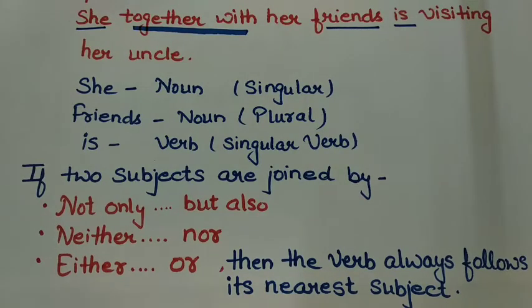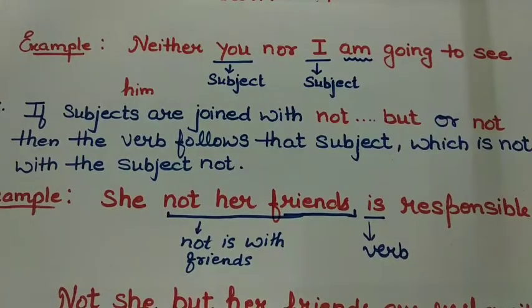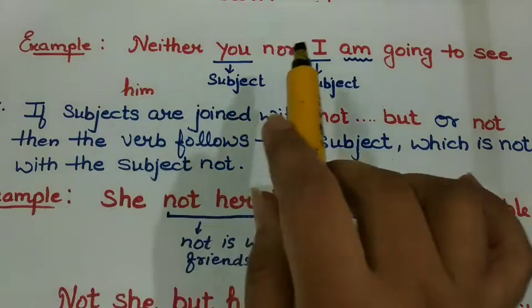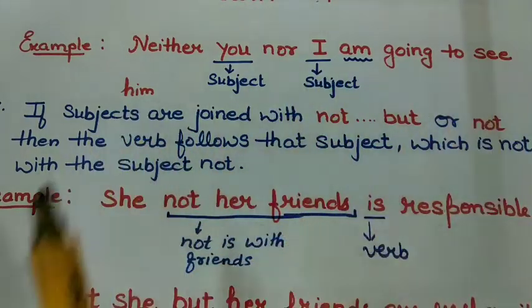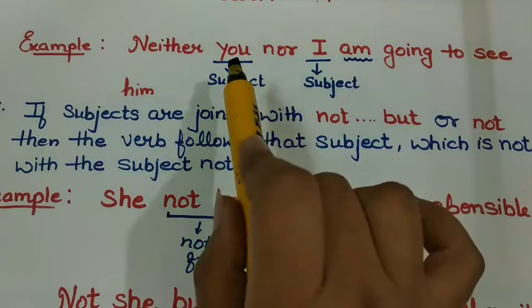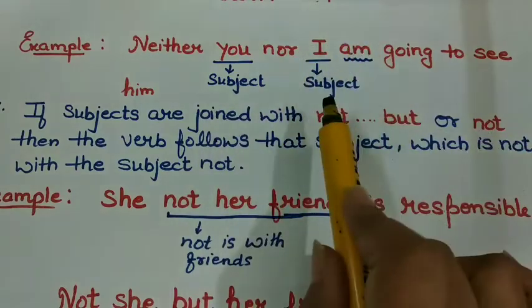If they are connected by not only but also, neither nor, either or, etc., then you have to use the verb according to the nearest subject. See its example here. Neither you nor I am going to see him. Here the subjects are you and I.